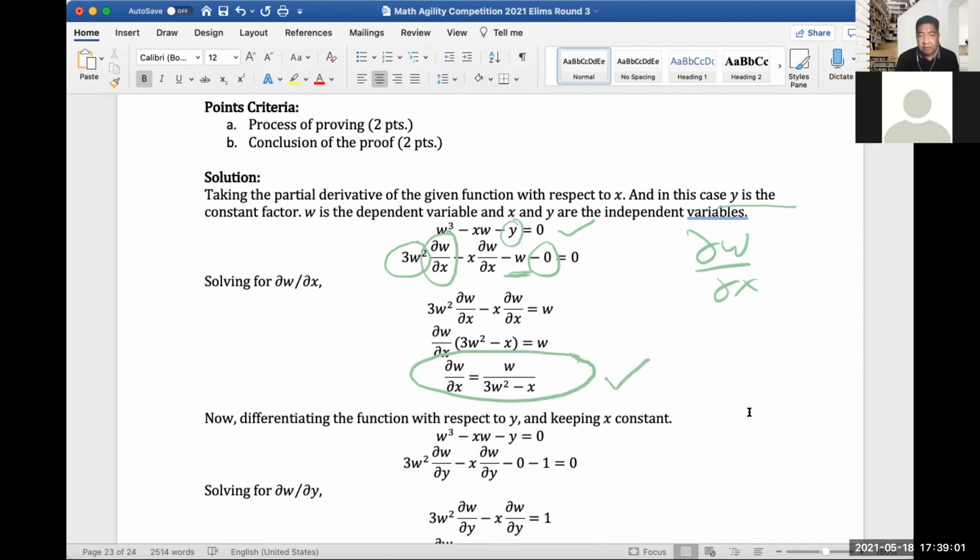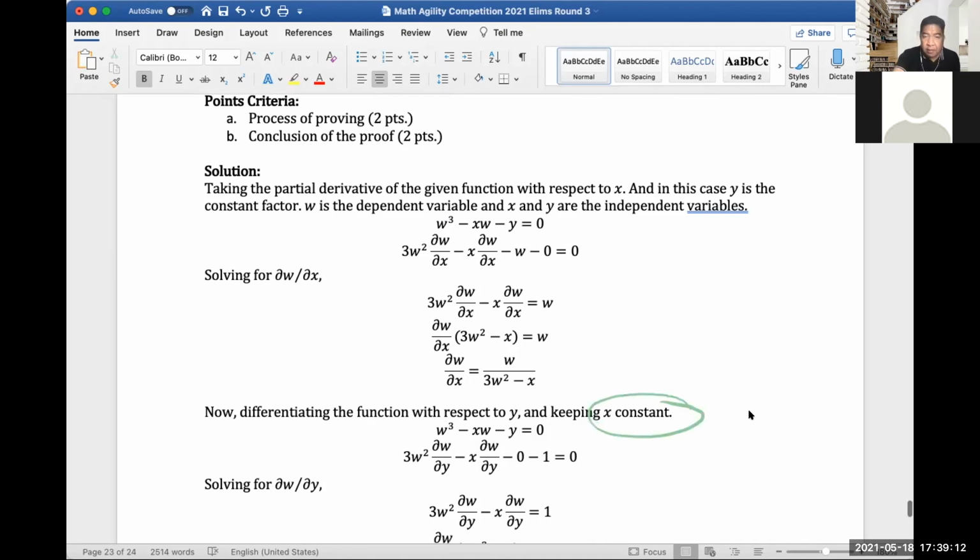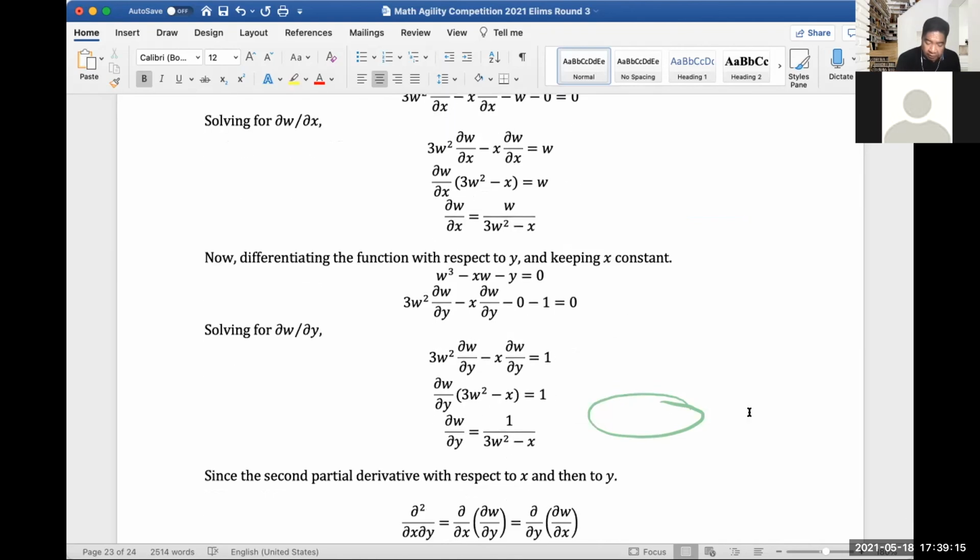Okay, so now let's differentiate the function with respect to y. This time x would be constant, right? So this would be the original equation again: w cubed minus xw minus y equals 0. Again, 3w squared times partial of w over partial of y. Again, product rule for xw: x times partial of w over partial of y.